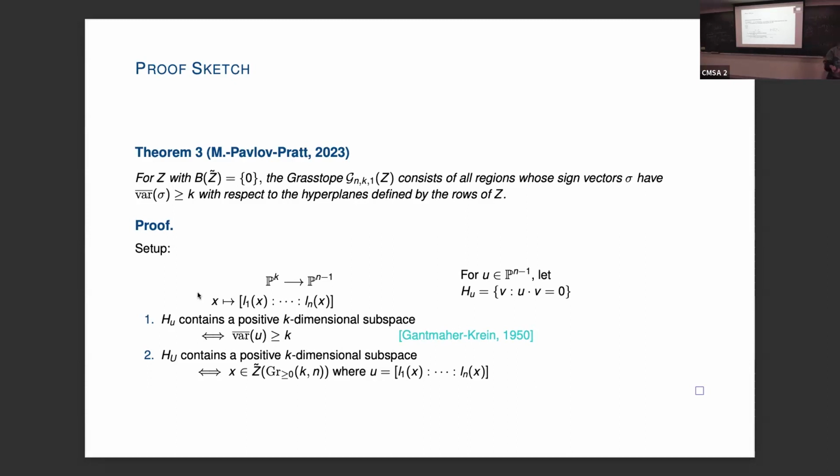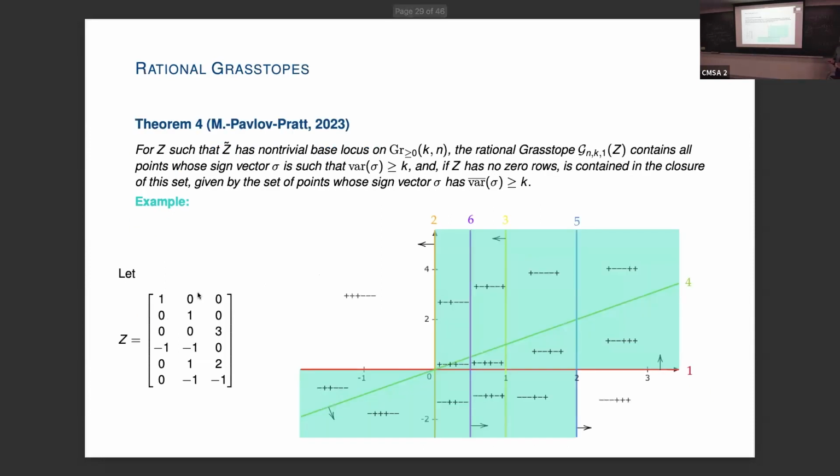And I did mention that we also wanted to study rational Grasstopes. So we couldn't do exactly the same thing. We couldn't prove the same result, but we were able to prove a weaker version of it.